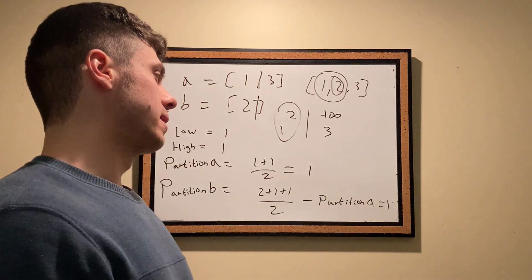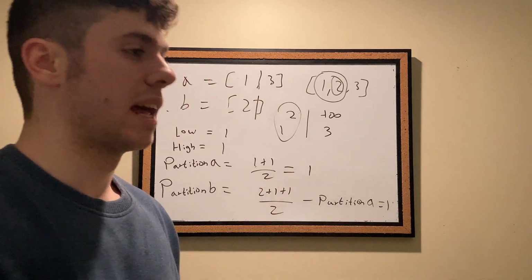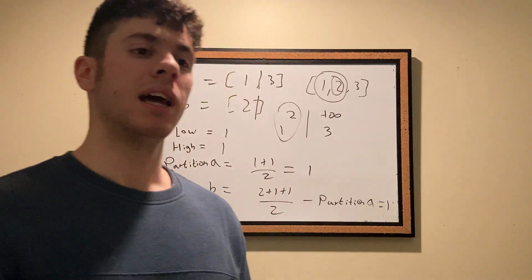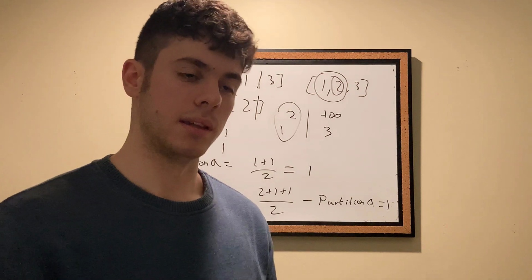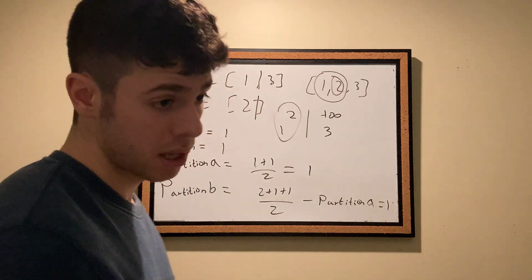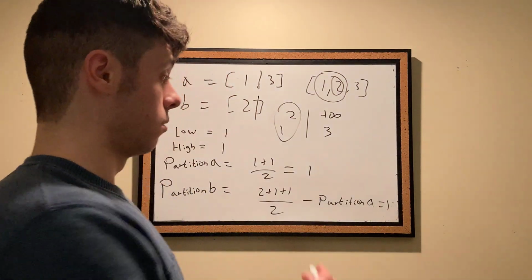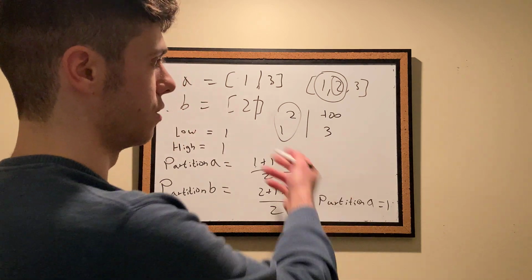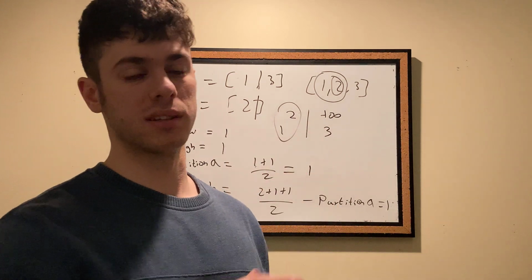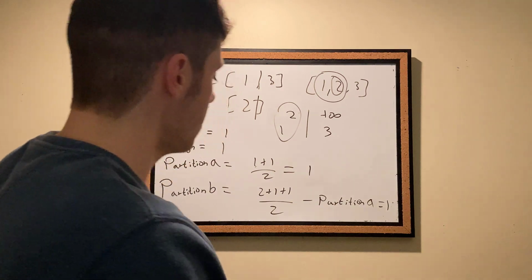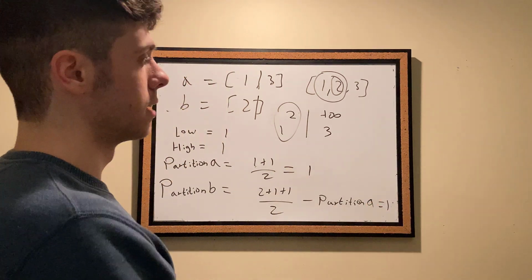If you don't add +1, you're going to have one less element in the left half, and you might miss the median, and it can mess things up. You can actually try without the +1. You'll notice that this won't work, and you're going to get the wrong answer because you're basically skipping it.